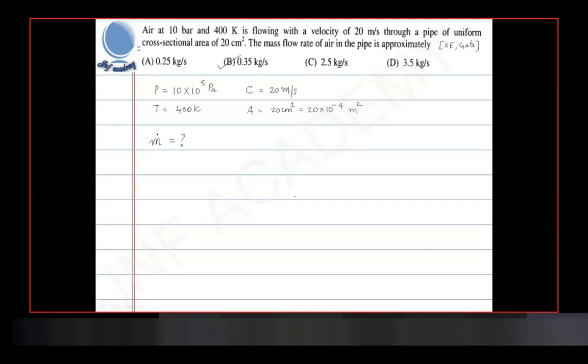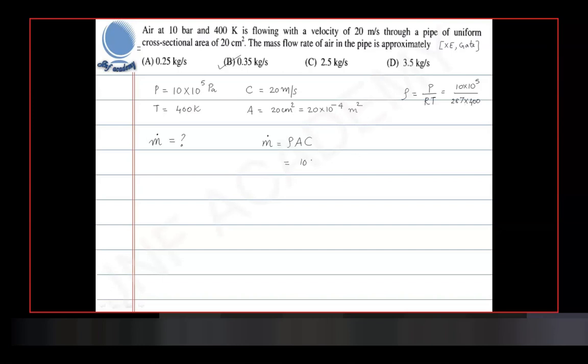So the formula for mass flow rate, I hope you remember. This is rho A C, right? Density into area of cross section into velocity. Density you have to find, assuming that air is an ideal gas, P by RT, 10 into 10 power 5 by 287 into 400. For the GATE exam, I never do the simplification.